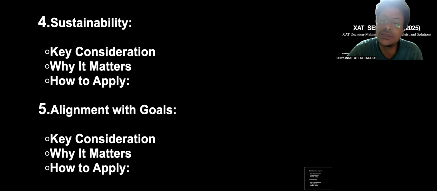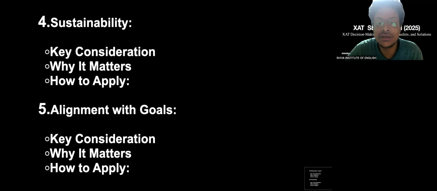Because sustainable solutions prevent recurrence of problems and contribute to overall stability, right? Then how to apply that? We need to evaluate whether the solution resolves the root cause of the issue or just addresses the symptoms.